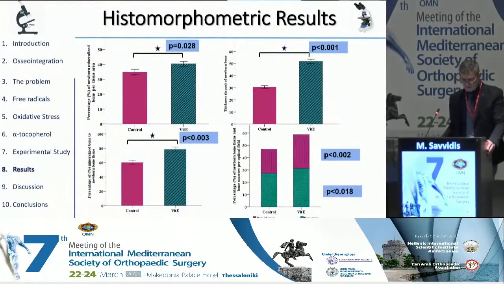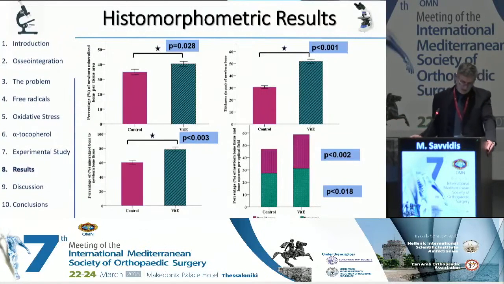Finally, the histomorphometric results, as we can see on the different scales: percentage of the newborn mineralized bone per tissue area in favor of the treatment group, the thickness in micrometers of the newborn bone here, the percentage of mineralized bone to newborn bone tissue here, and percentage of newborn bone tissue and bone marrow per optical field here.